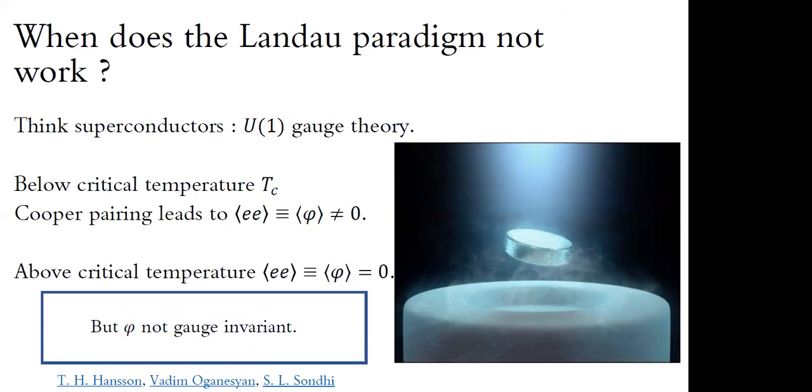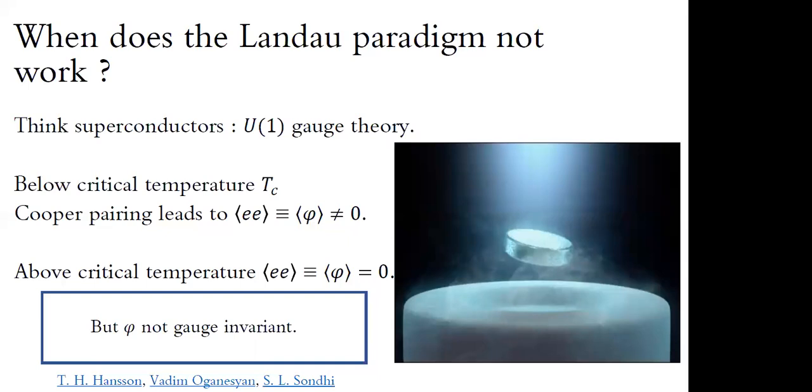That means there's this two-electron operator, which you can write as a bosonic operator, a scalar field, that has a non-zero vacuum expectation value. Above the critical temperature, the same operator does not have a vacuum expectation value. The Cooper pairs basically break up above the critical temperature.